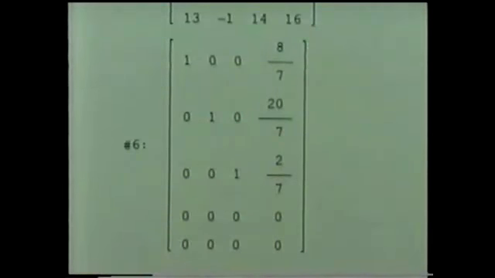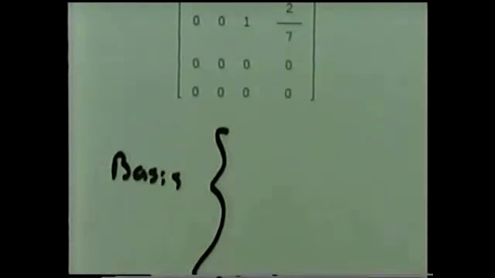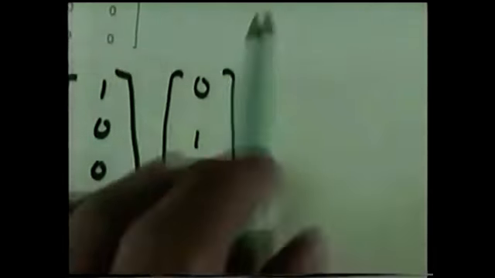So they will form a basis for the column space of A. So the basis will be (1, 0, 0, 8 sevenths), (0, 1, 0, 20 sevenths), (0, 0, 1, 2 sevenths).